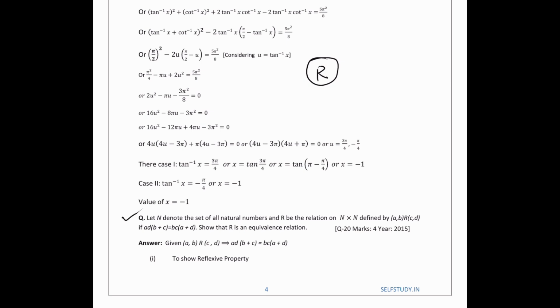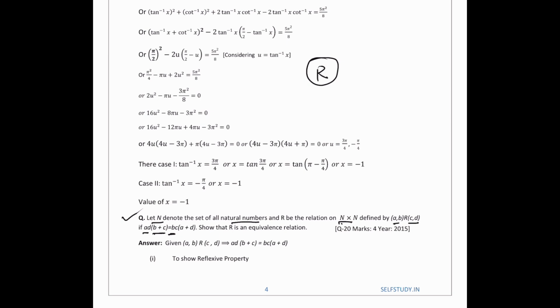Let N denote the set of all natural numbers. Capital N is the natural number set. R be the relation on N by N, defined on the ordered pairs (A, B) related to (C, D) if AD(B plus C) is equal to BC(A plus D).